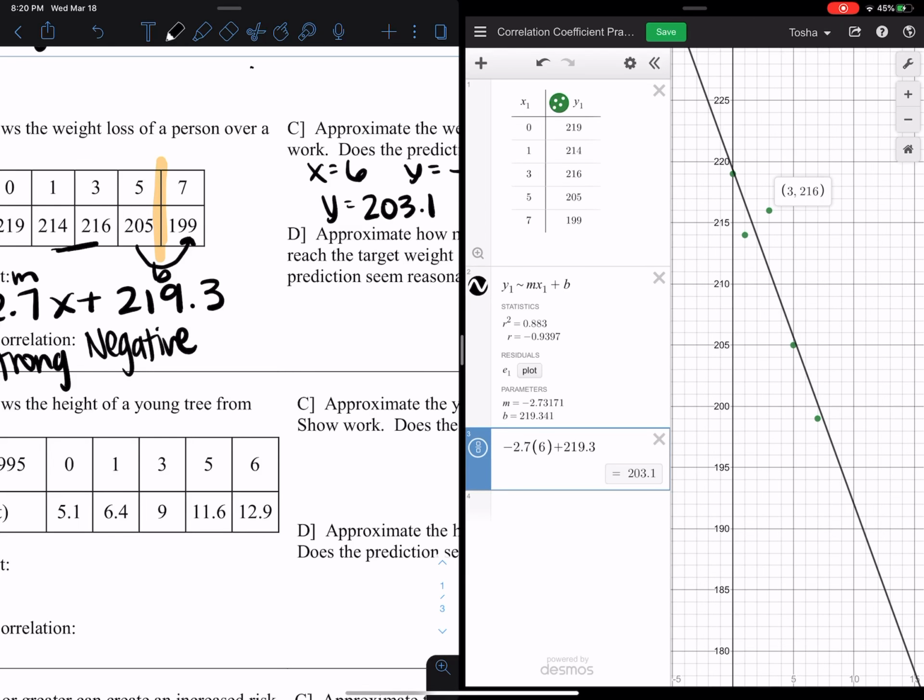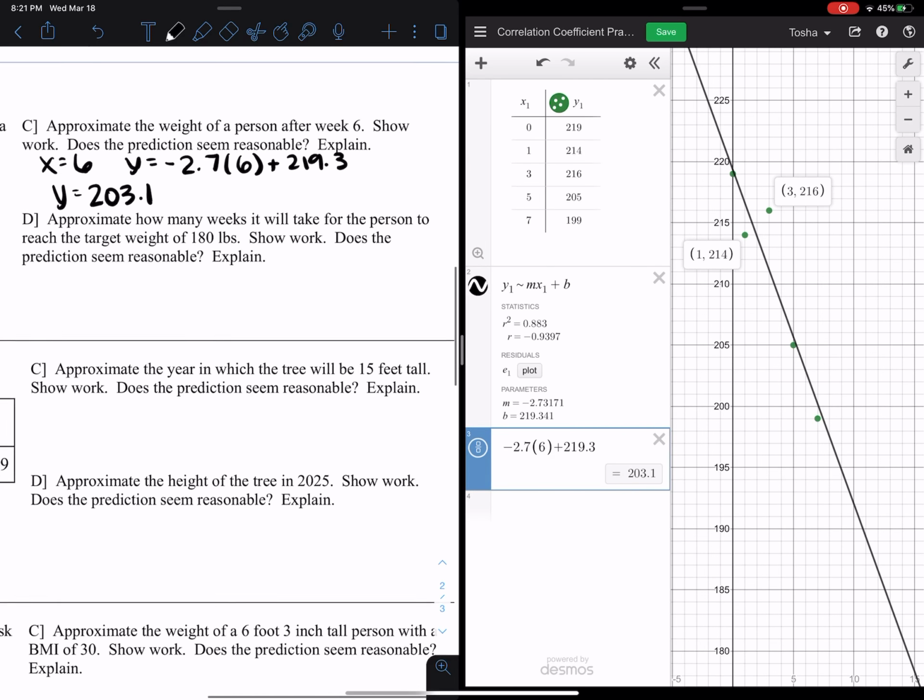These 2 points are off of the graph. They don't quite fit the pattern, but it's not enough to make it not a strong correlation. So yes, this is kind of weird, but if we're using the graph and saying that on week 6 it should be 203.1, it would make sense.